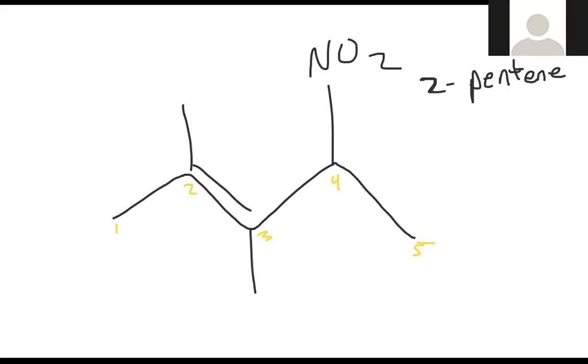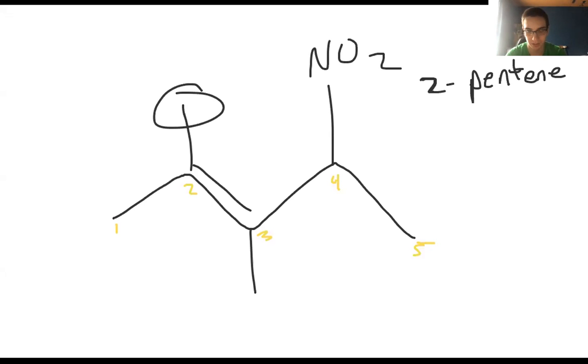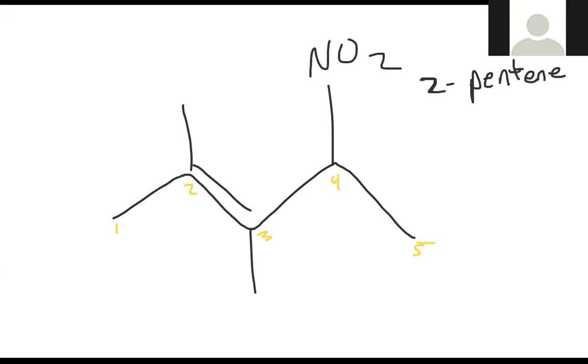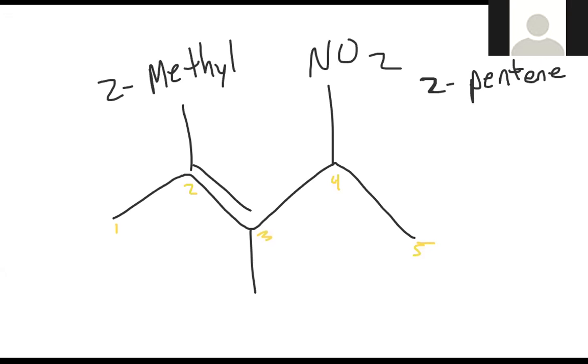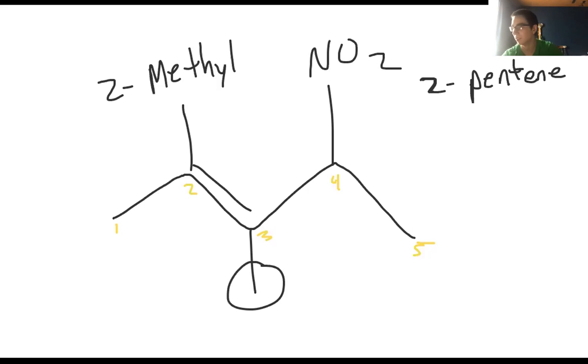All right. So now what is this group right here? What do we call that? Methyl. Correct. Which carbon is it on? 2. 2 methyl. What about this one?